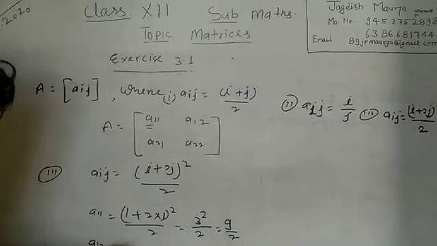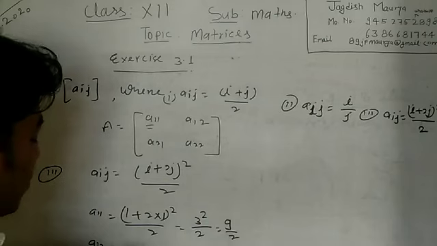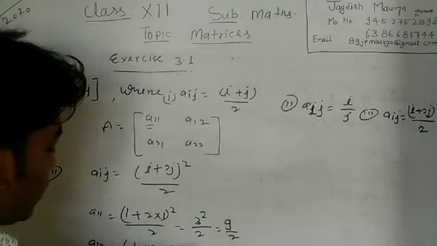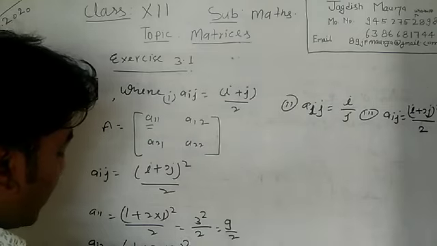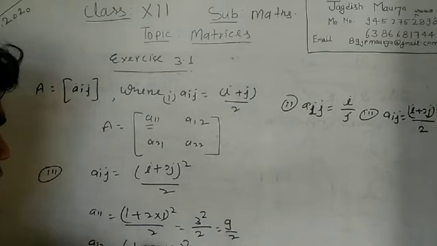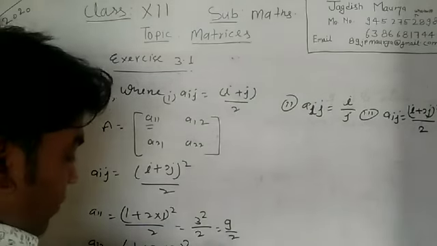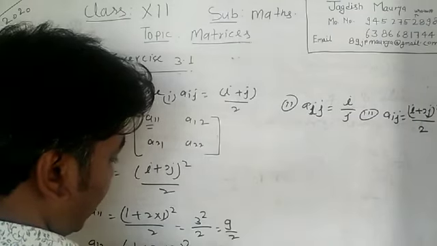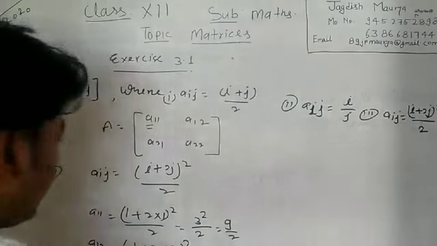Here A12 means i equal to 1, (1 plus 2 into 2) whole square upon 2. Here 4 plus 1 is 5, 5 square upon 2 equal to 25 upon 2.